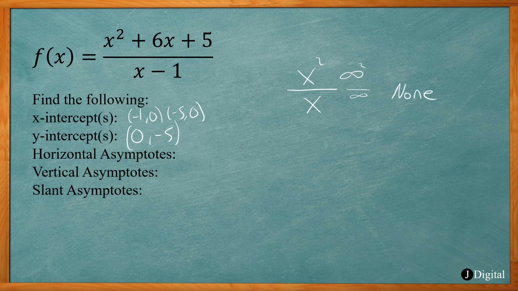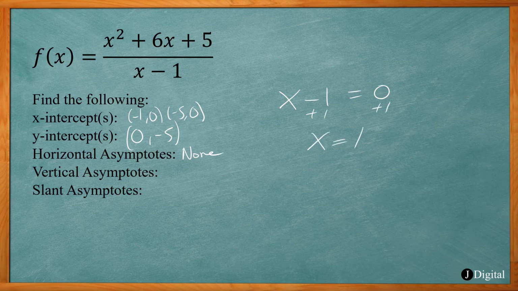So none. So now for the vertical asymptotes, that's when the denominator is equal to 0. So just set x minus 1 equal to 0. Solve for x by adding 1 to both sides. X equals 1. So we're going to have a vertical asymptote at x equals 1.